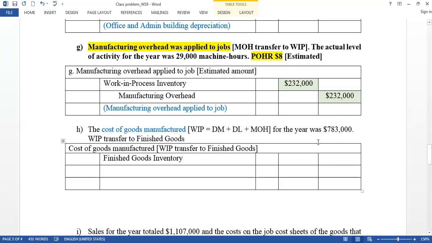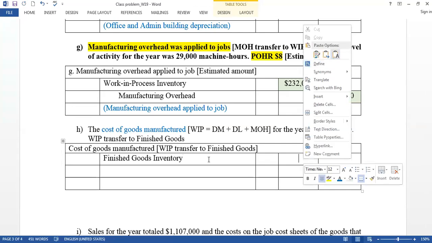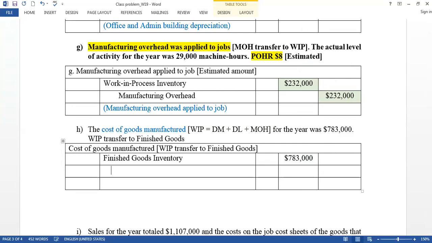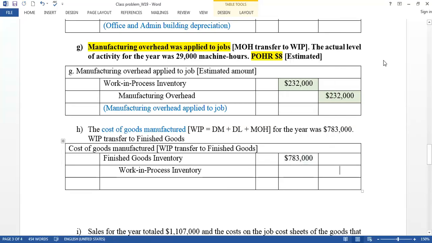Finished goods inventory debit, this is the amount we transfer, and now work in process inventory credit. Now we don't have work in process inventory, we transferred it to finished goods. And this is the narration, cost of goods manufactured. We record cost of goods manufactured.